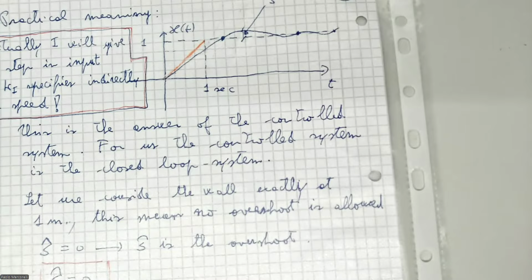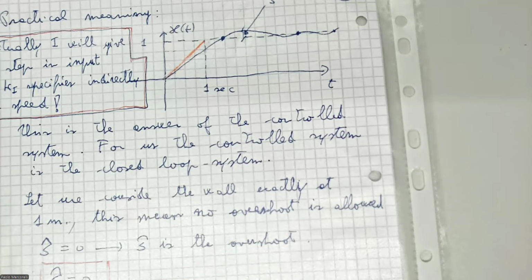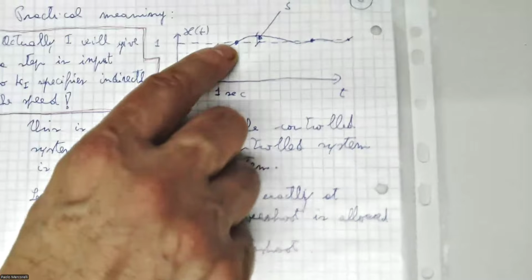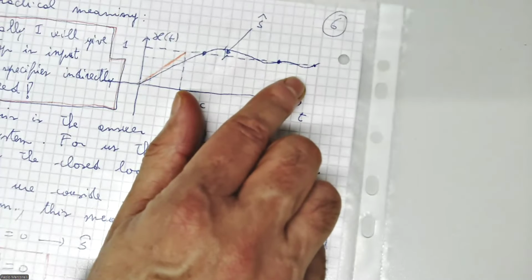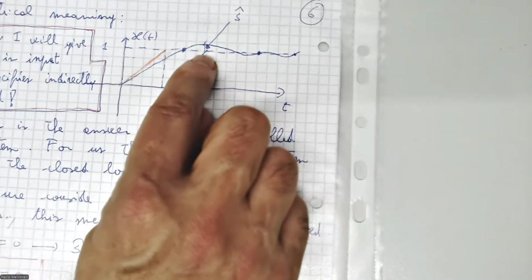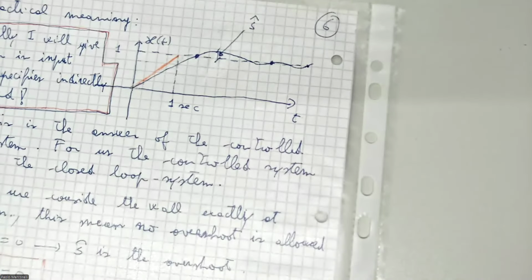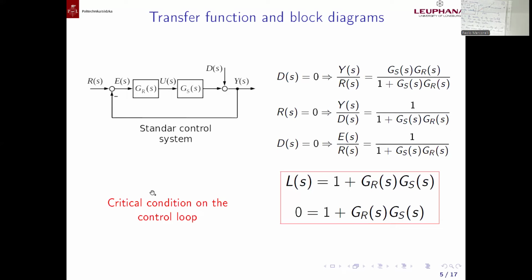I mean, when I have to achieve a finite value. Moreover, the idea is to achieve the final value. And this we have seen that it seems to be possible, but with an overshoot of not more than 10 centimeters. But in any case, in terms of denominator, for all transfer functions, we have the same denominator.